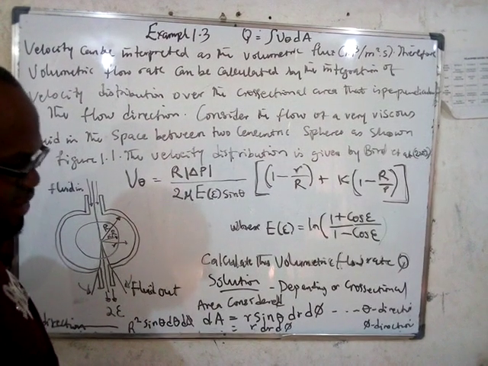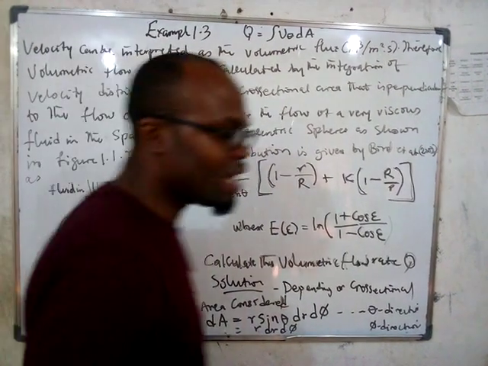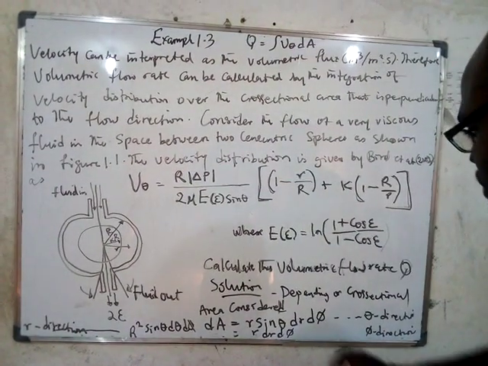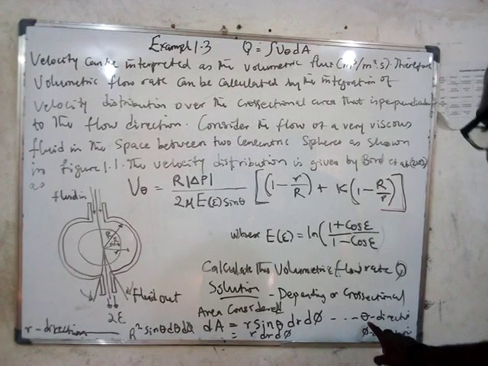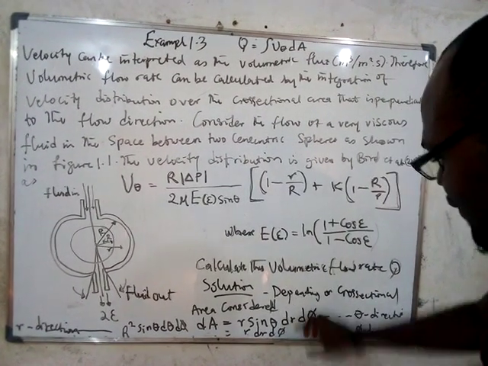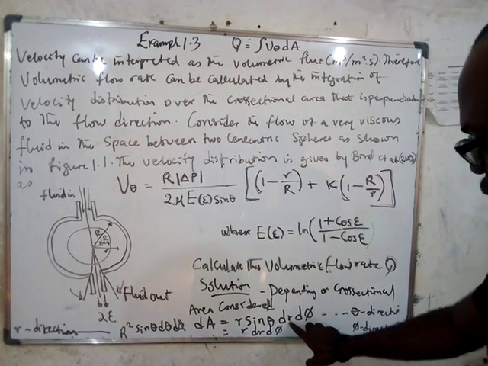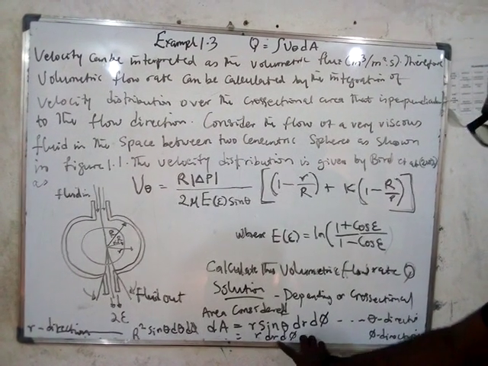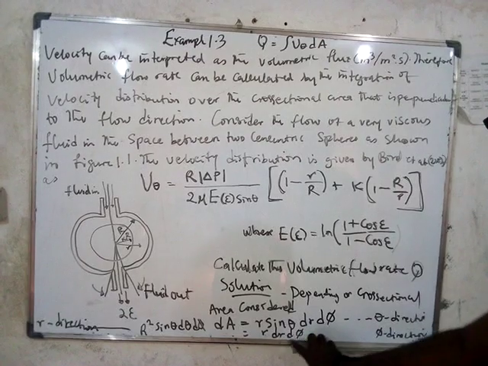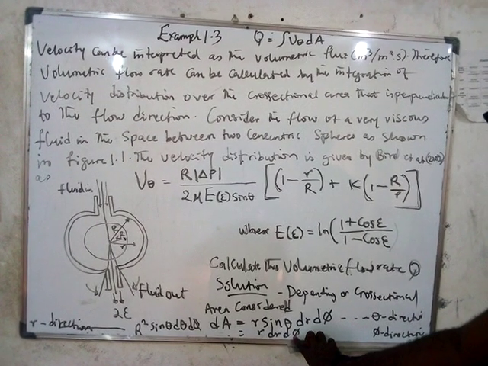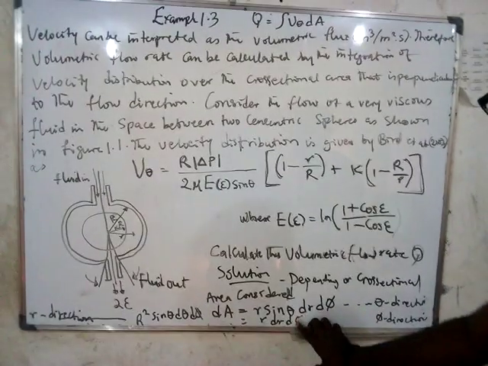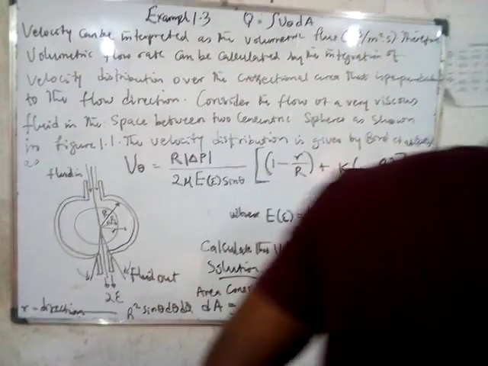If you look at it critically, this is the technique I would like you to use in memorizing this. For the theta direction, we have the r and the phi. For the phi direction, you have the r and the theta.